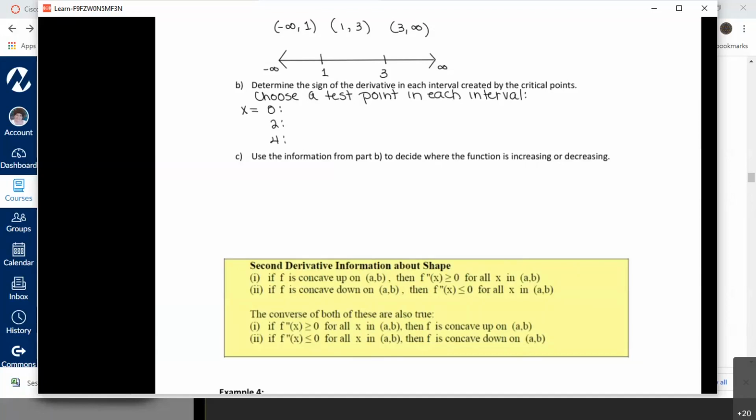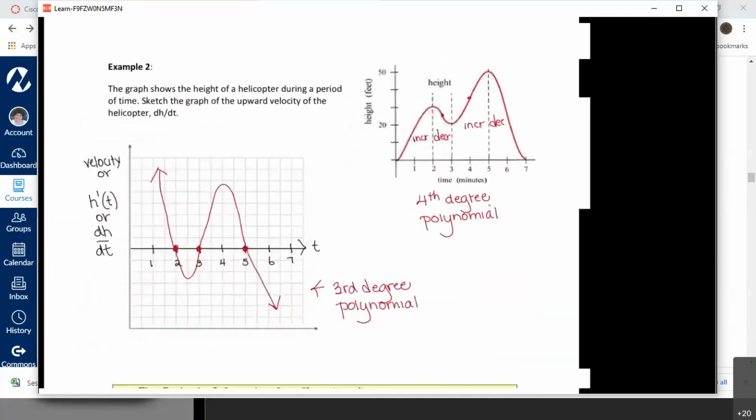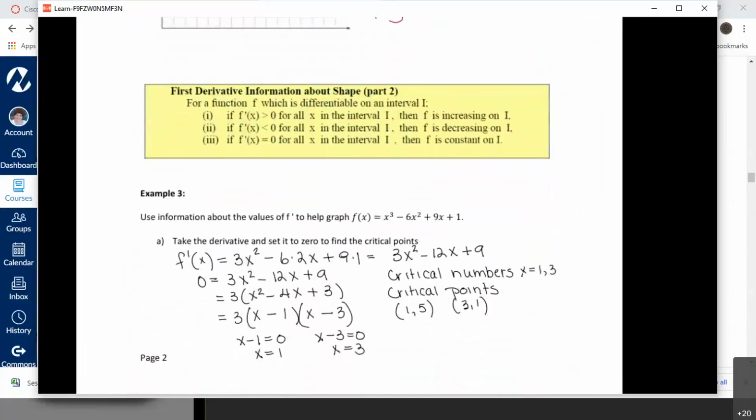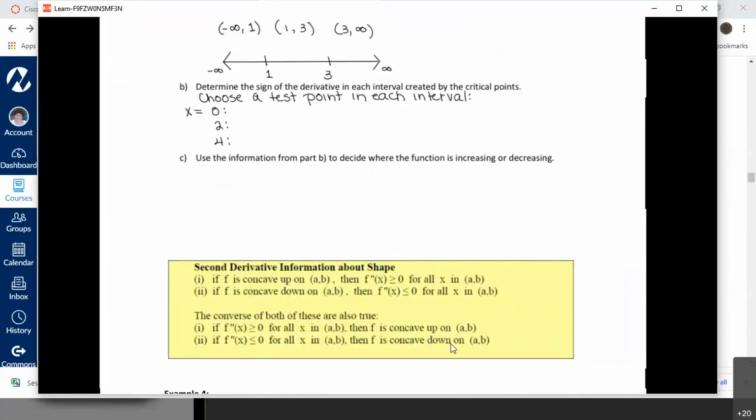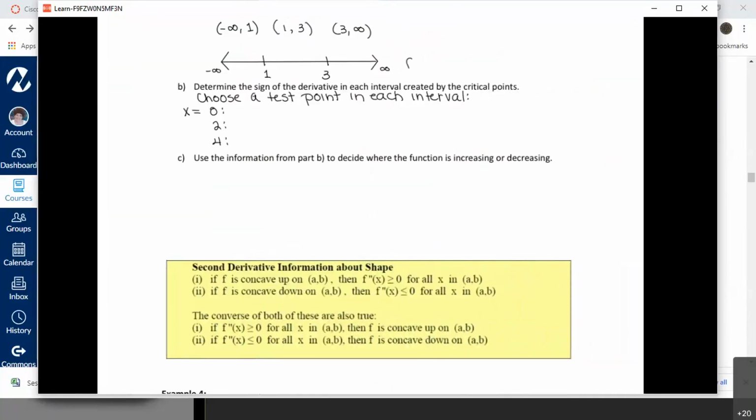Then I'm going to use the factored form of my derivative. So I'm going to go back here and use this. My derivative, f prime of x, was 3 times x minus 1, x minus 3. I'll show you why this is so easy.